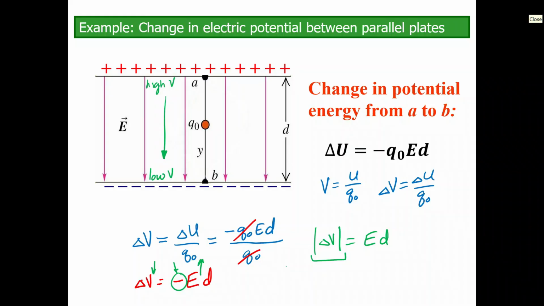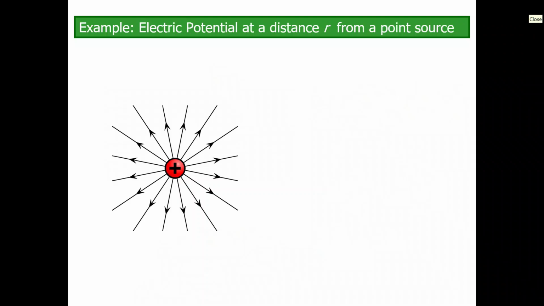Now, what about if we have this point source, the electric potential at a distance r from a point source? So this one's a little more complicated. We know some things about this point source. We know that the electric field is equal to kq over r squared.